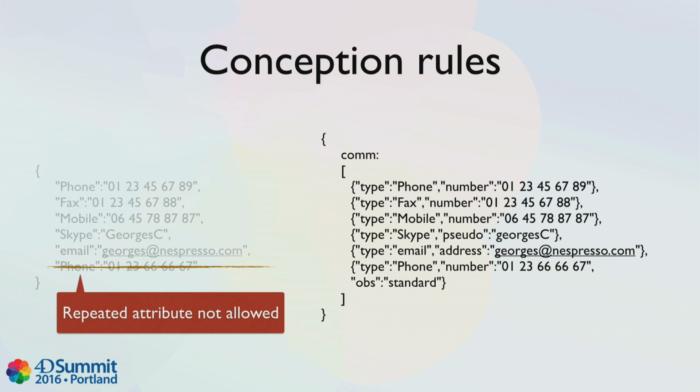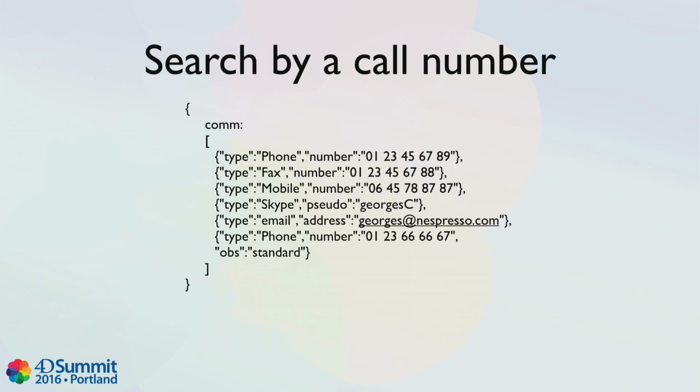And the second attribute is number, but for a Skype it is a pseudo, for an email it is an address. The structure must evolve with the communication type. Okay, so we have this object in an object field, in a record.